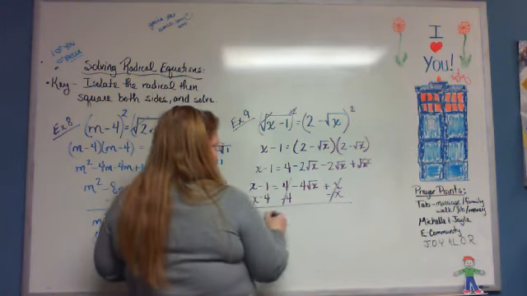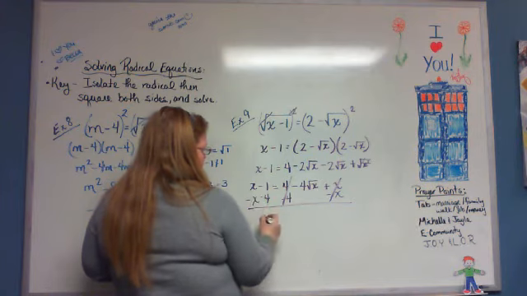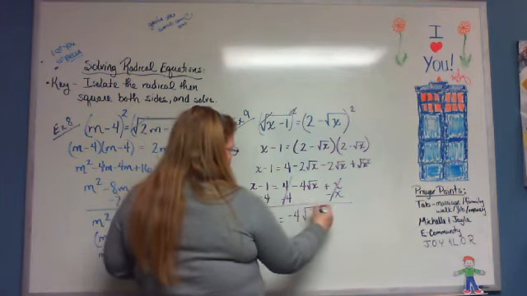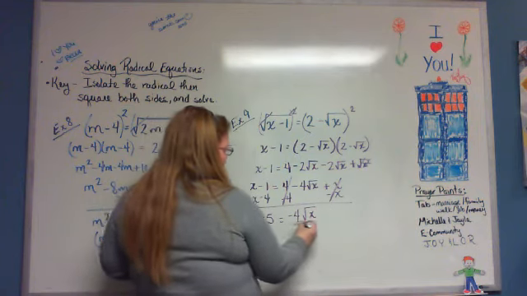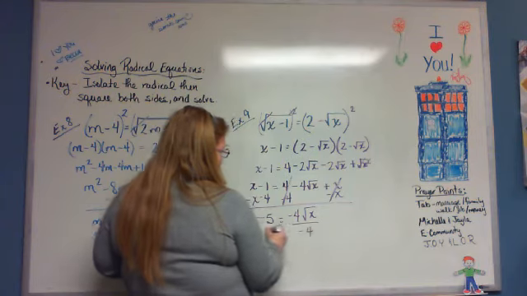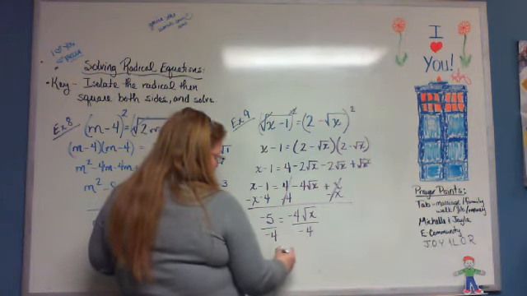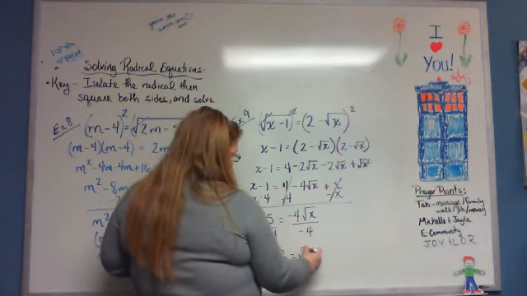That'll get rid of that and that. X minus x leaves me with no x's, and I get negative 5 equals negative 4 square roots of x. Divide both sides by negative 4 to get rid of that. And you get a positive 5 over 4 is equal to the square root of x.